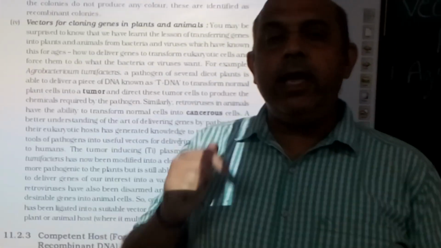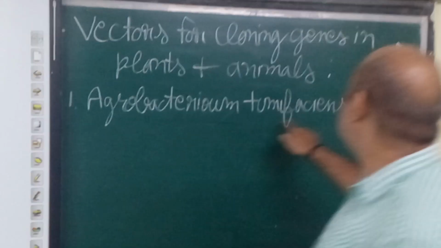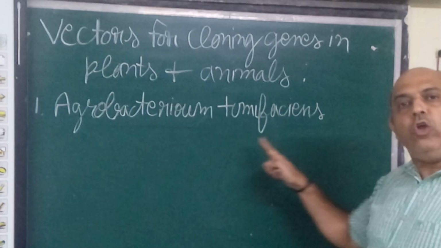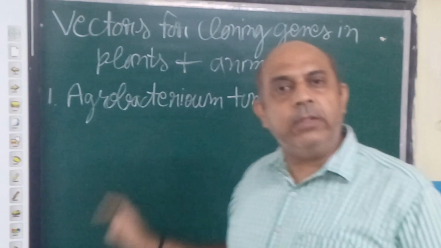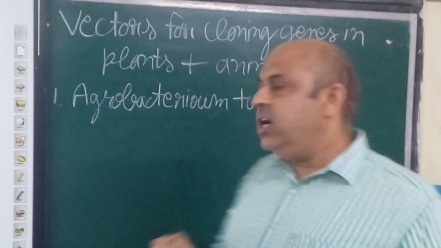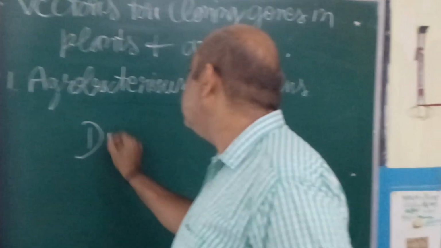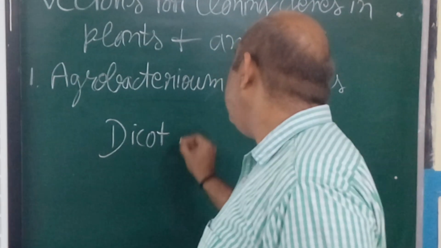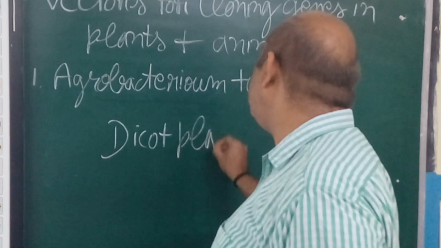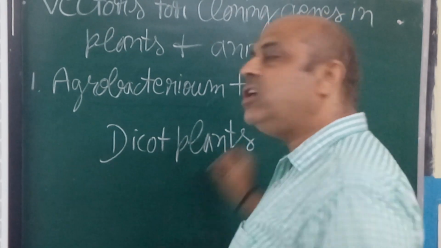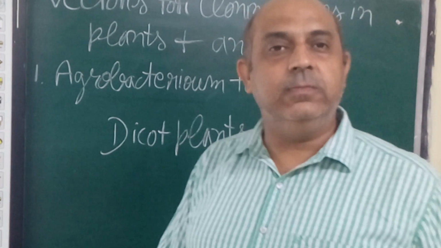A very important bacteria is Agrobacterium tumefaciens. It attacks dicot plants only. It does not attack monocot plants.